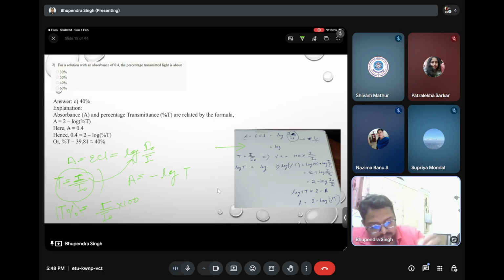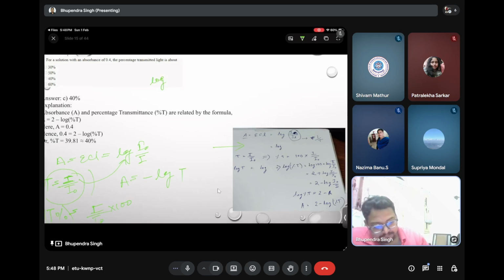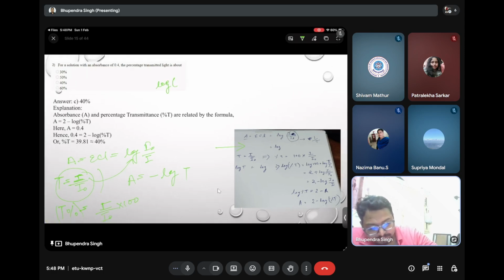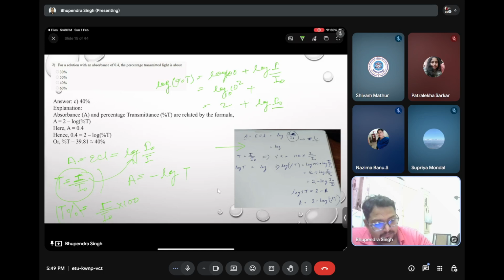So you can take log of percentage T equal to log 100 plus log I by I0. So log 100 means log 10 to the power 2 with base 10, so it will give you 2, plus log I by I0.